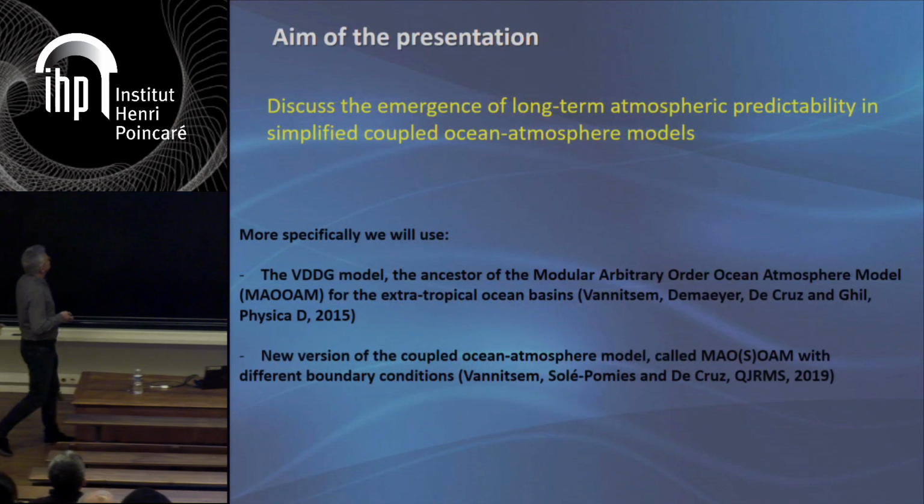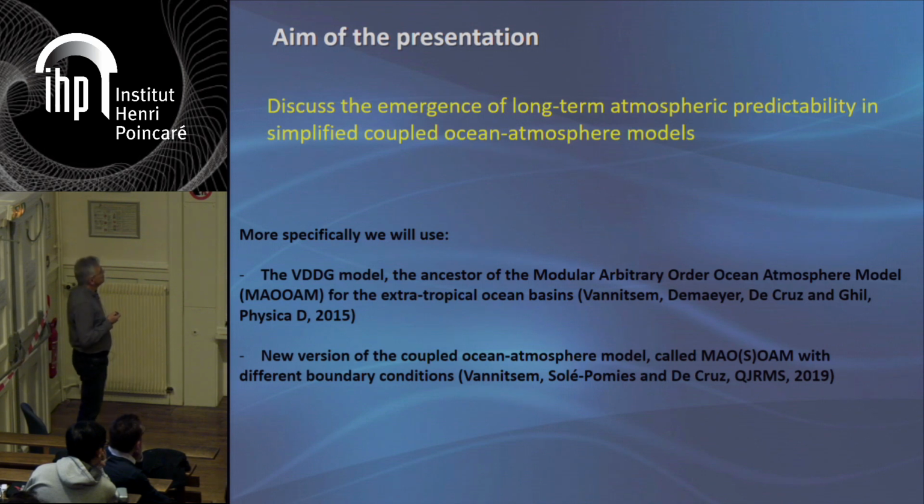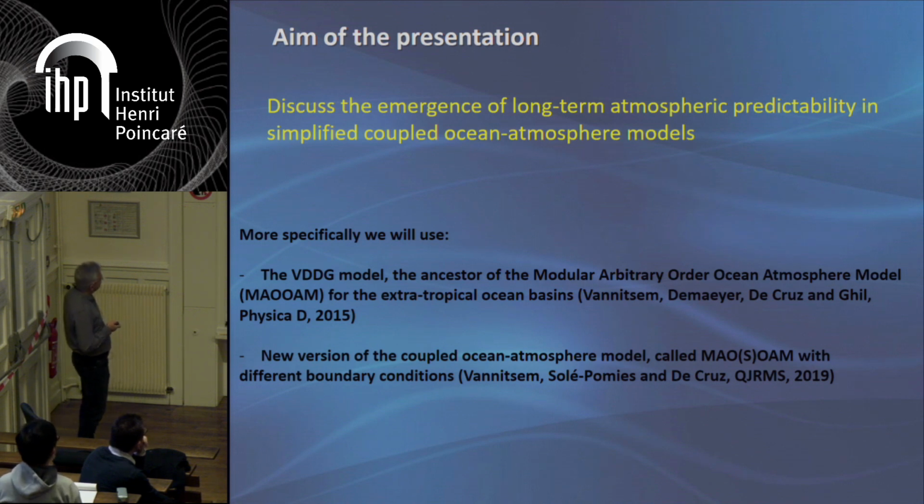So, what I would like to present to you today is to discuss the emergence of low frequency variability in reduced order coupled ocean atmosphere systems, and also to show you the emergence of the long-term predictability. We'll do that in two different models. The first one is the model we call VDDG, associated with the four authors that were at the origin of this model.